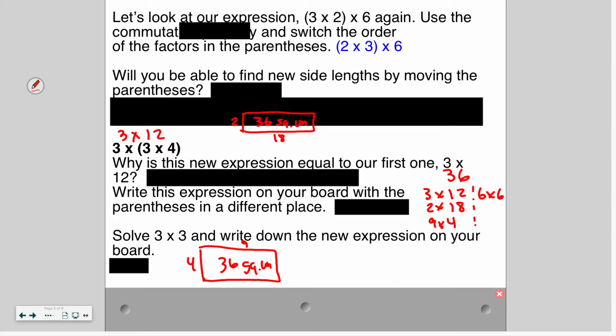So all of these factors multiply to 36. They're all factors of 36, because when I multiply them, I get an answer, or a product, of 36. So that's what we meant in our learning intention, that we're going to use rectangles that have specific areas to see different side lengths that still amount to the same area.